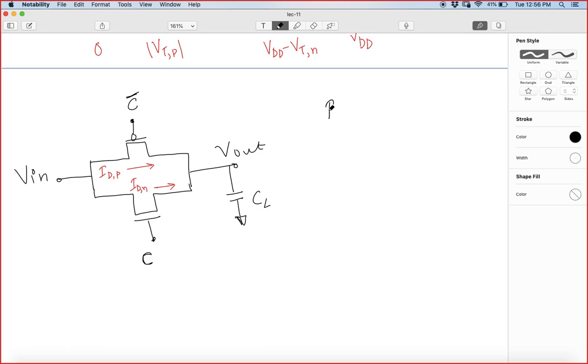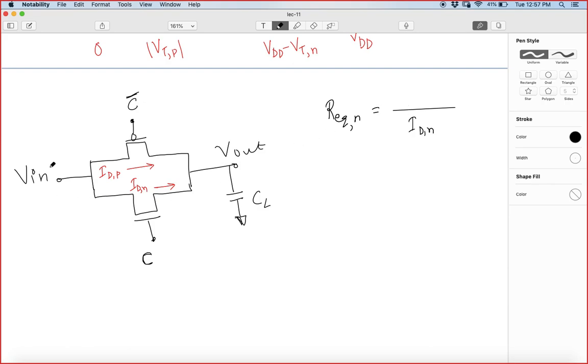So R equivalent due to the NMOS is nothing but the potential difference between the drain and the source, over the current flowing through the NMOS, which is IDN.